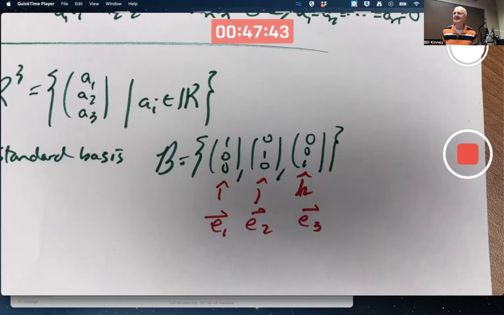In fact, any three vectors that are linearly independent would automatically be a basis for R3.